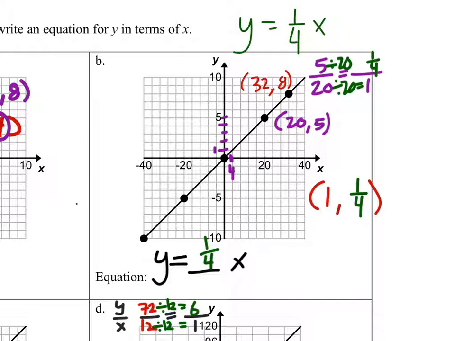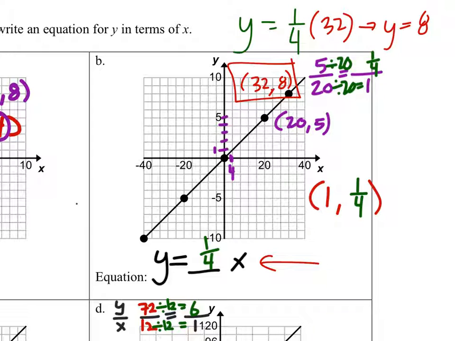Now, if I look at this point, my x is 32, right? So I'm replacing x with 32. Now in my calculator, I can do 1/4 times 32, and then it shows me that y is 8, which is good for this point right here. So it just confirms that this equation is good.